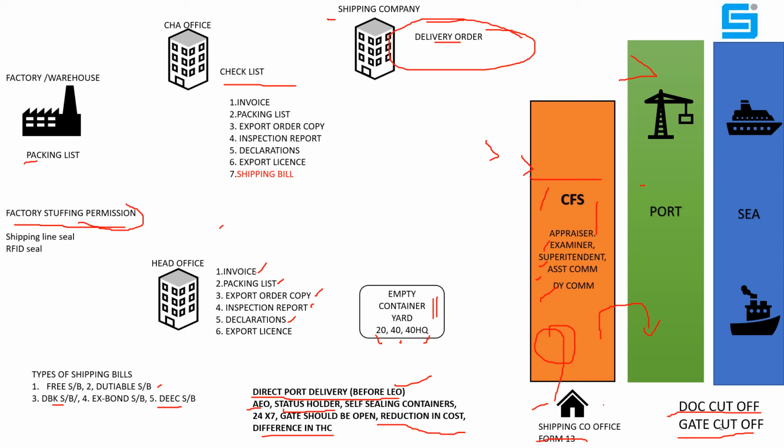They know when the vessel will come, when it will take the berth, when it will be loaded, and when it will sail from the port. So the delivery order itself gives the vessel name and voyage number. Therefore, every planning is done. They know the vessel will take berth at such time and such date at this port, and it will remain for 2 or 3 days at this port. Accordingly, every planning is done.